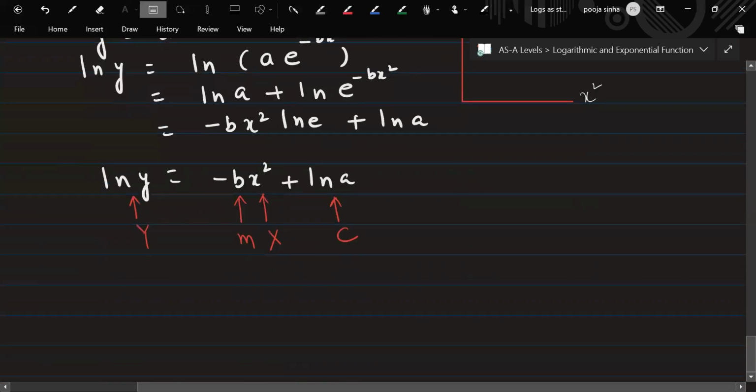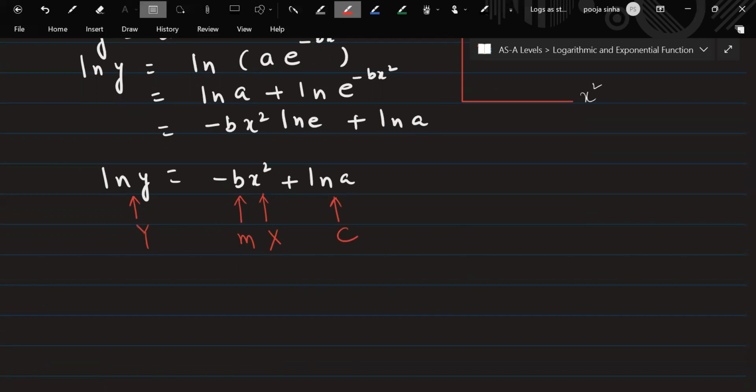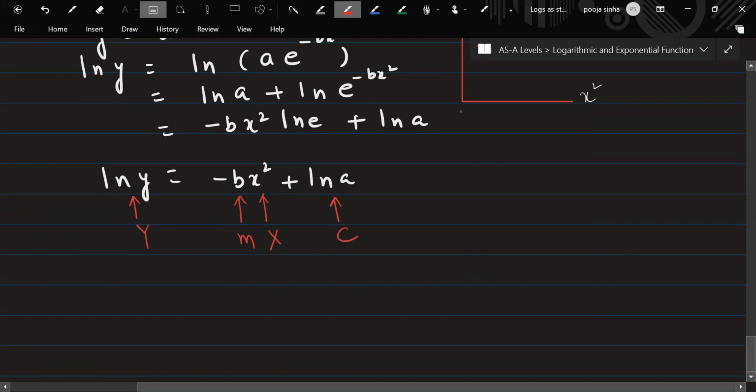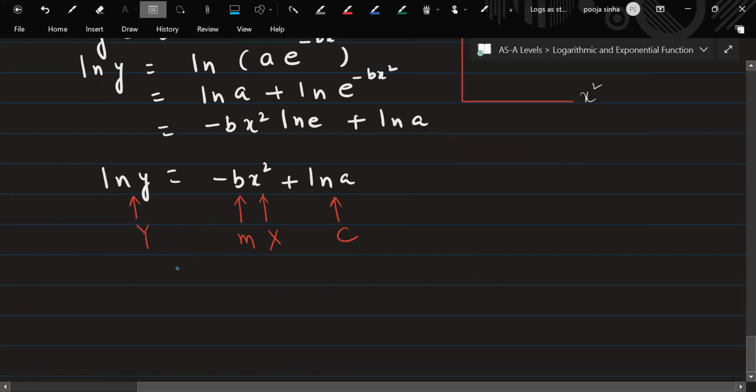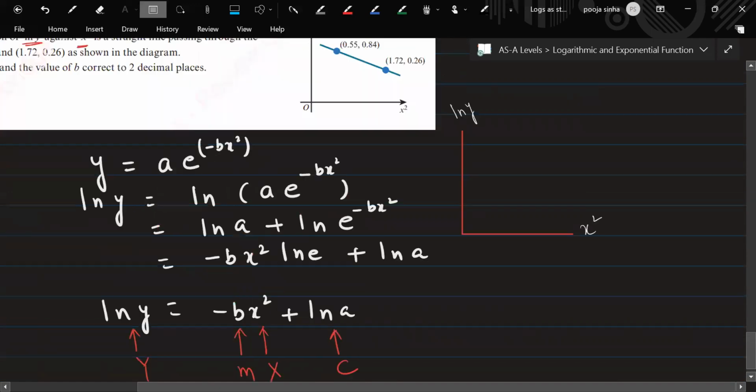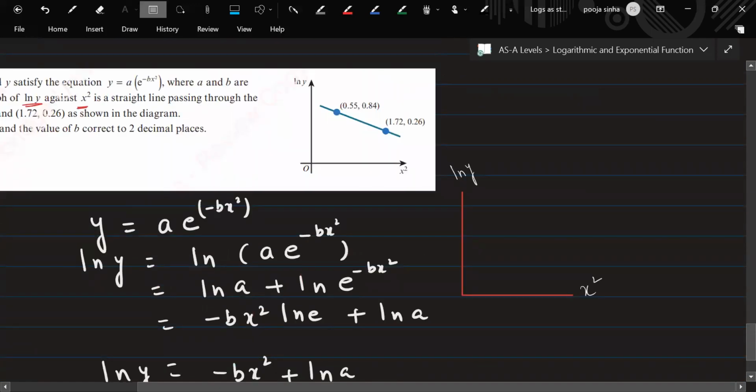Now you got this much. So can I say that my c is equal to ln a? And my m is equal to minus b? Now let's go to the graph.